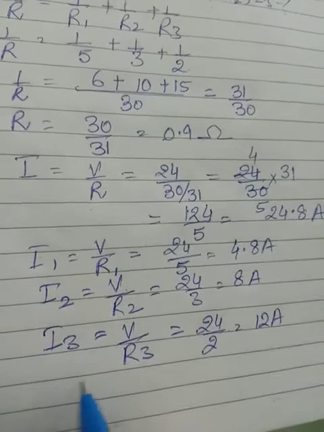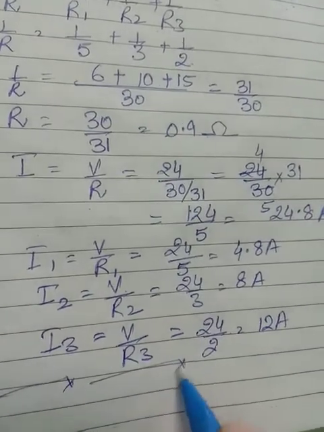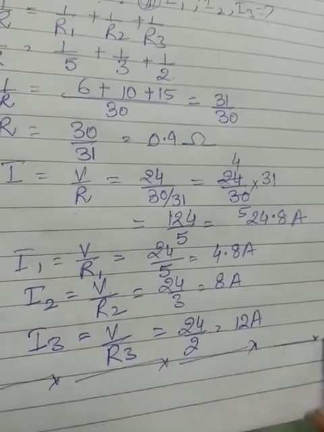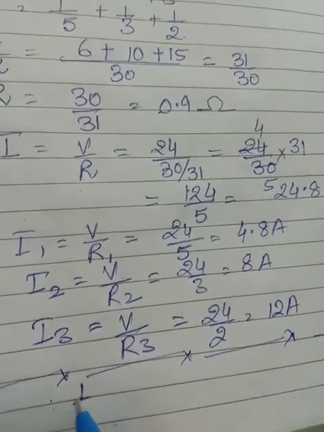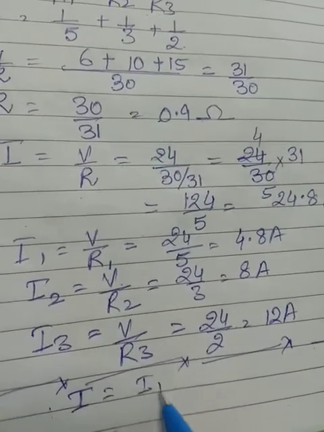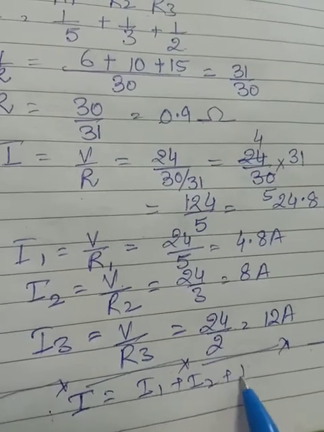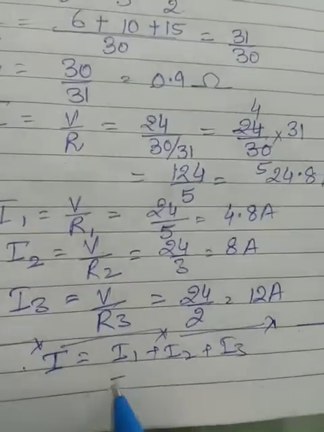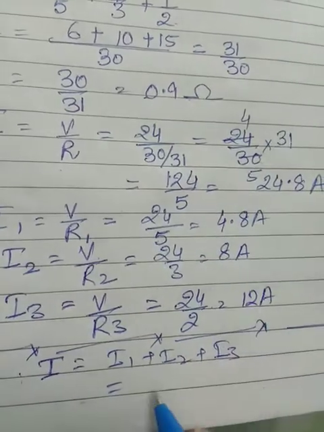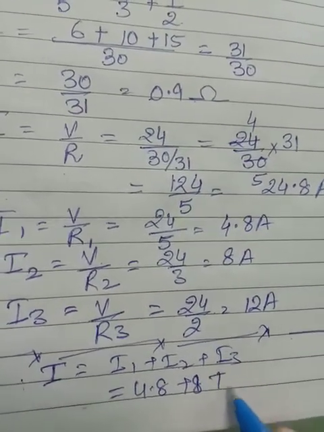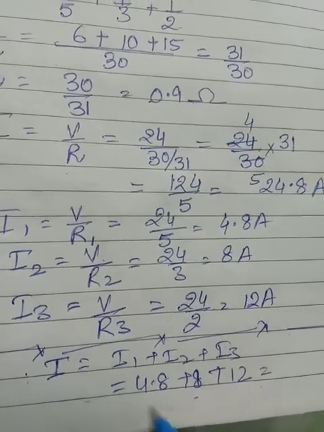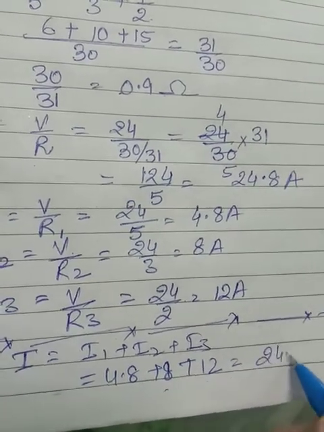Up to here our numerical is over, but just to verify whether we have done it correctly or not, the net total current I should be equal to I1 plus I2 plus I3. So it comes out to be 4.8 plus 8 plus 12, which is 24.8 ampere.